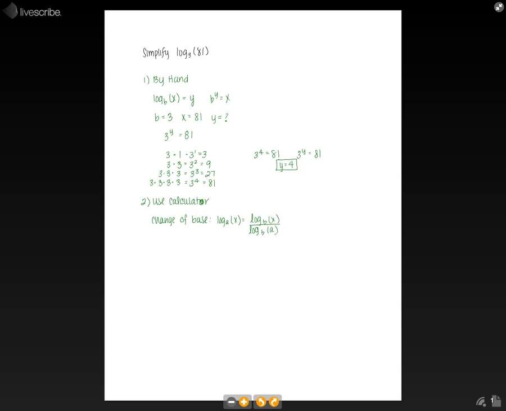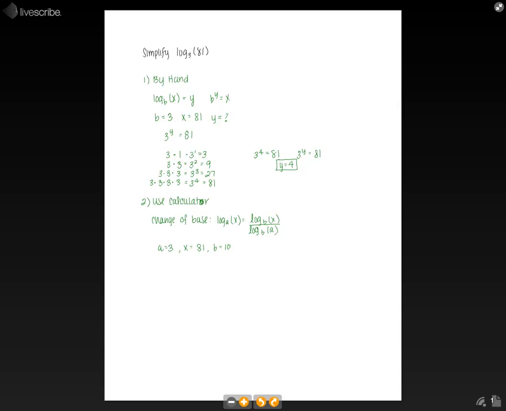Okay, so the reason we need this formula is because most calculators can only do logs in base 10. So the log button on your calculator is basically the same thing as saying log base 10. So we needed to use this change of base formula to get our problem into log base 10. So in our case, a is going to be 3, x is going to be 81, and b is going to be 10, because that's the new base that we want.